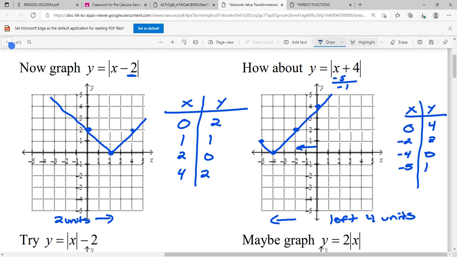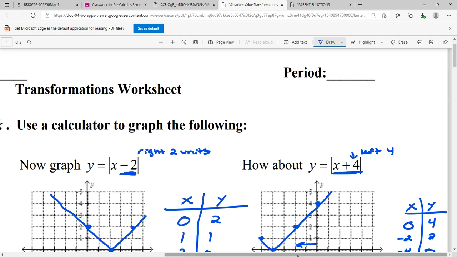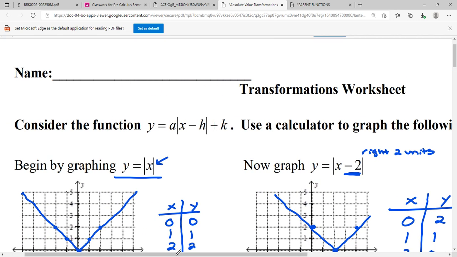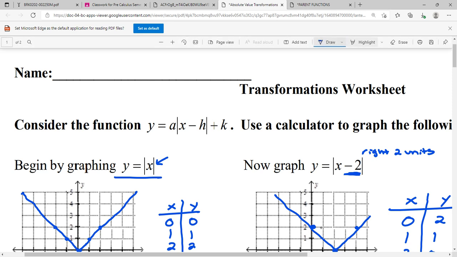All right, so what tells us to do that? Inside the absolute value sign, this 4 right here made us move left 4 units. This negative 2 made us move right 2 units. So if we look at this basic formula, we have y equals a times the absolute value of x minus h, plus k. This minus h right here is what we're talking about.